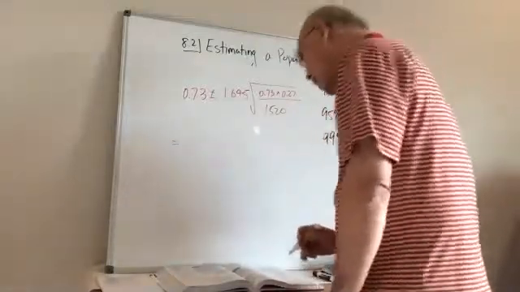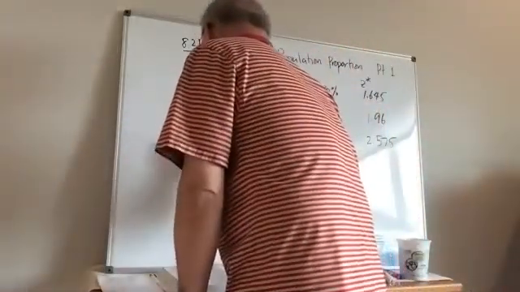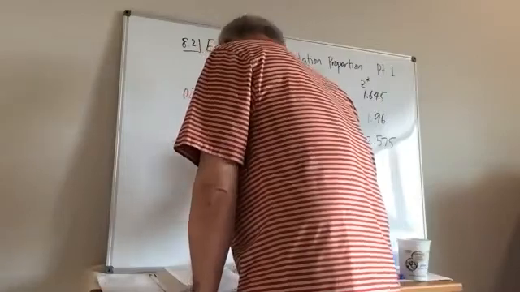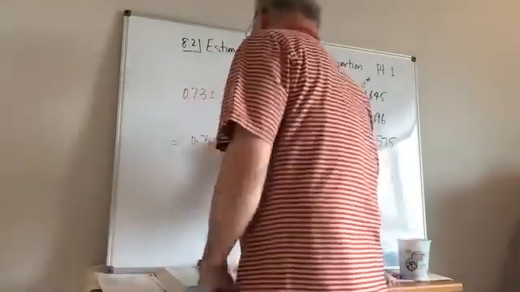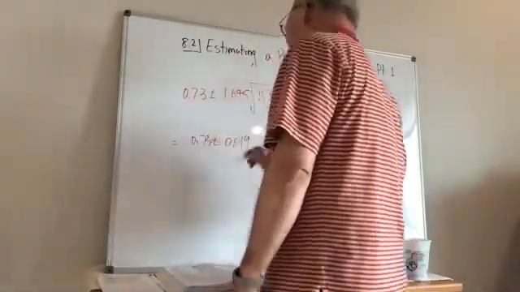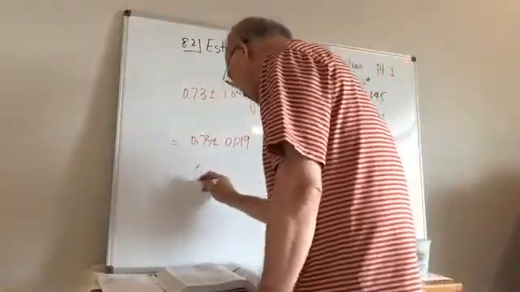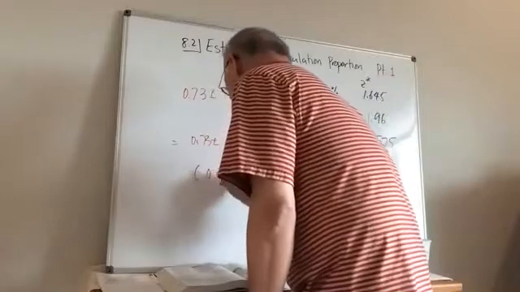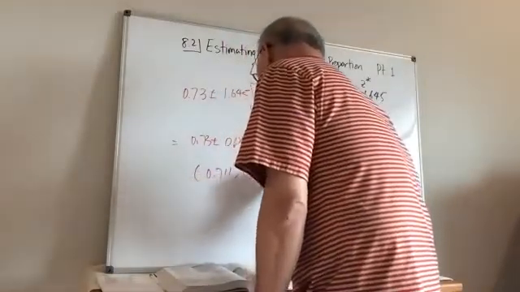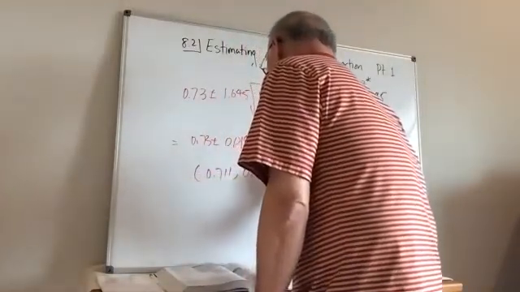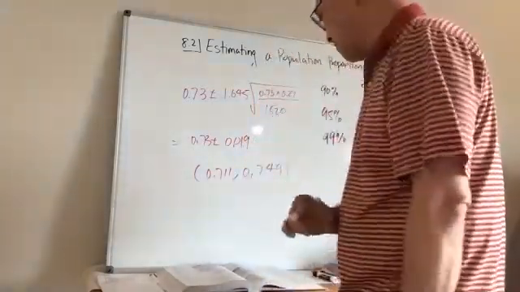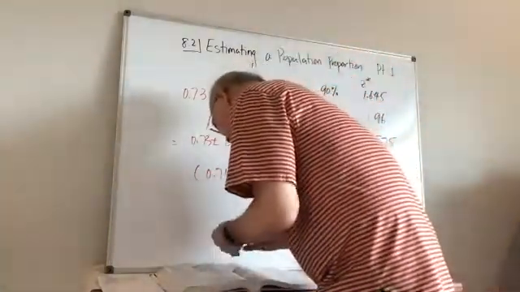And if we do that, we're going to get 0.73 plus or minus 0.019. So this is going to end up being a confidence interval of 0.711 to 0.749. Okay, so that's the confidence interval.